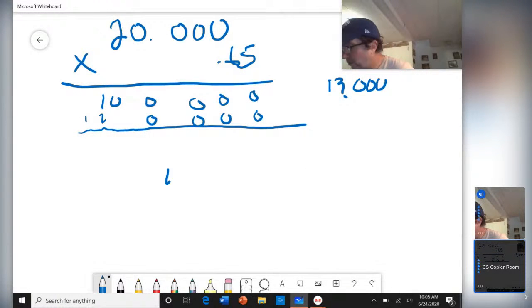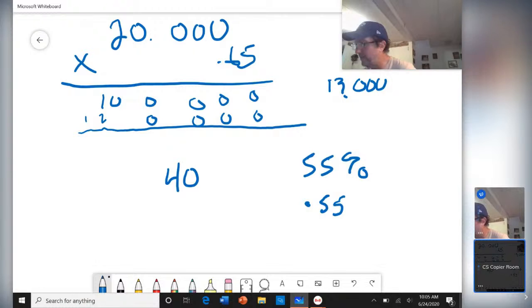So 40 ounces and 55% was nickel. So the 55%, you're going to convert to a decimal, and it's going to be 0.55. So you're going to do 40 times 0.55.